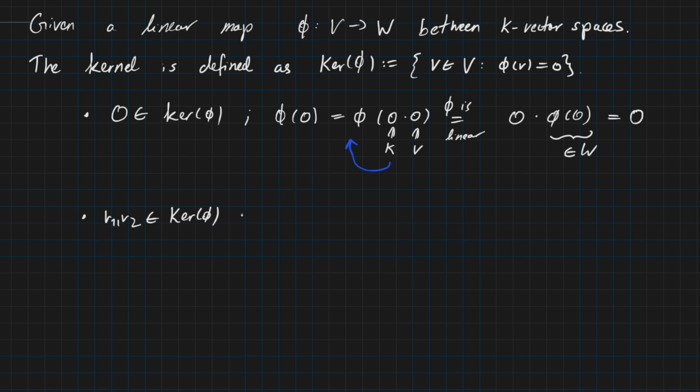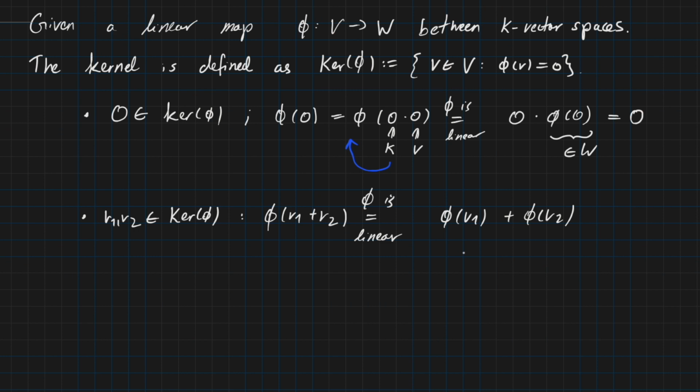So let's check it. Phi of v1 plus v2, that's what we need to check whether this is 0, is equal to, because phi is linear, phi of v1 plus phi of v2.